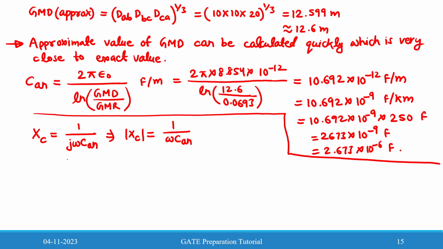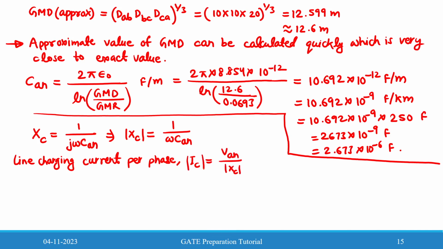From there we can find the line charging current per phase. IC will be VAN divided by the magnitude of XC, so it will be omega CAN VAN.